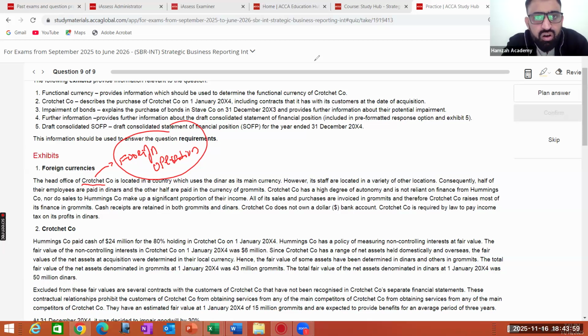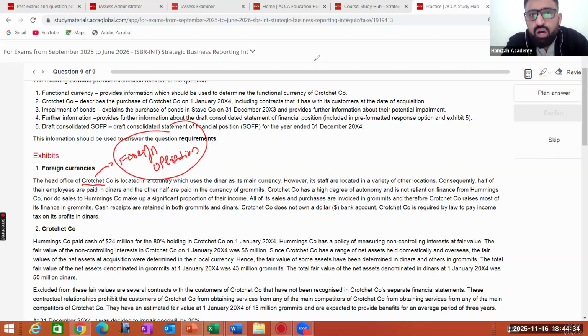Now, in order to evaluate that, we have to see whether the foreign operation is an autonomous company taking its own decisions with complete autonomy, or whether it is just an extension of the parent company. If it is an extension of the parent company, it is not autonomous. It is heavily dependent on the parent company for its needs, like its financing needs.